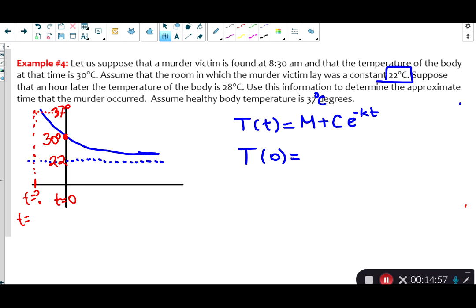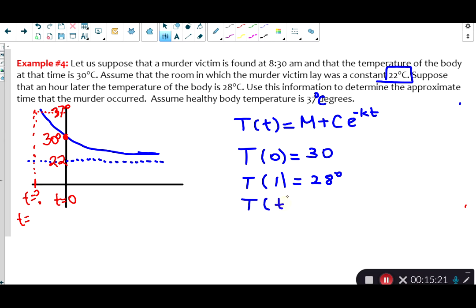What is your answer? If you said 30, you are correct. It was 30 degrees initially. Okay, what else did they know? 1 hour later, temperature was equal to 28 degrees Celsius. And what are we supposed to find?